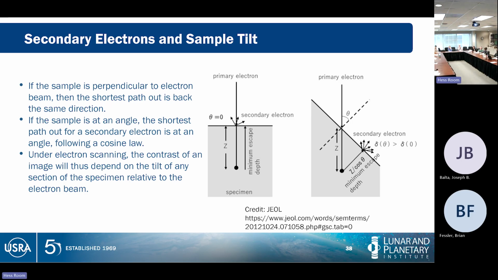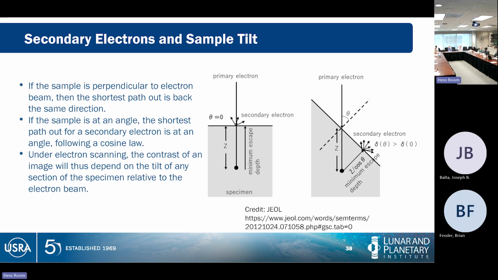In this case, unlike the backscattered case, the short direction will have a higher electron flux. Secondary electrons, thus, are often good at analyzing differences in sample shape. If you really want to get a high quality image of a rough surface or a powder, secondary electrons are the way that you're going to see the rough edges.